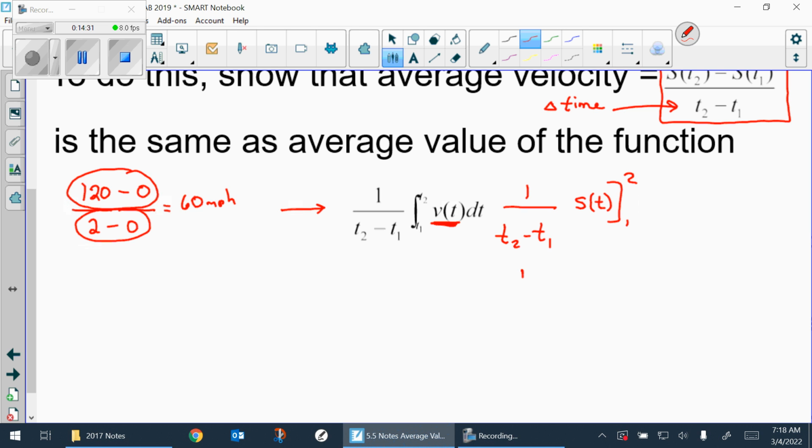So I'm going to have 1 over t sub 2 minus t sub 1 times, I drop this guy in here, and I get the position at a time of 2, minus what I get when I put this in here, which was my position at a time of 1.